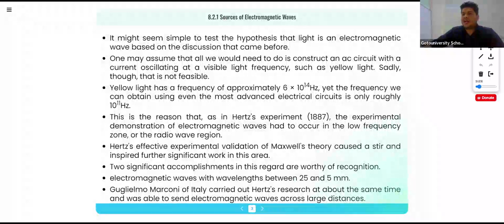And what will be the direction? We'll see the directions of electromagnetic waves.